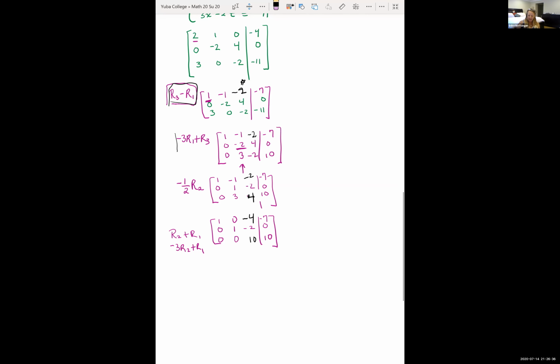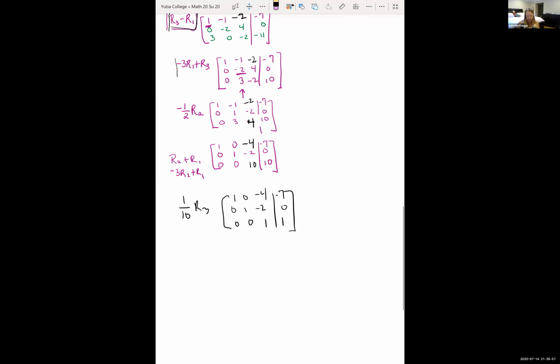Because then I'm getting, from here, we can look at 1/10 times row 3, which gives me 0, 0, 1, 1. 0, 1, negative 2, 0, 1, 0, negative 4, negative 7. Now I can use this 1 to get rid of the numbers above.